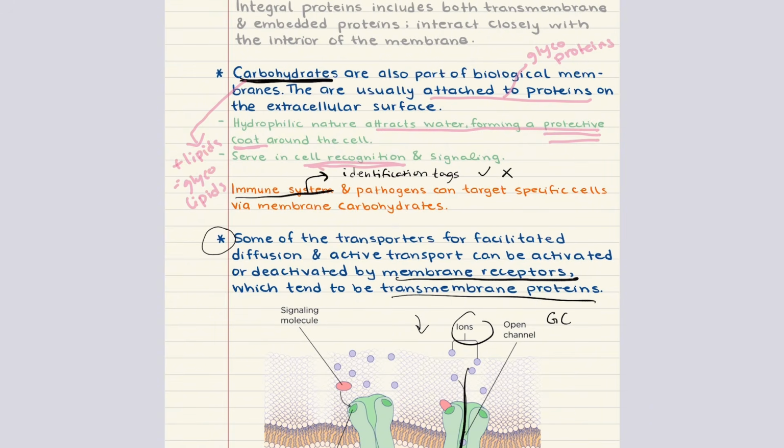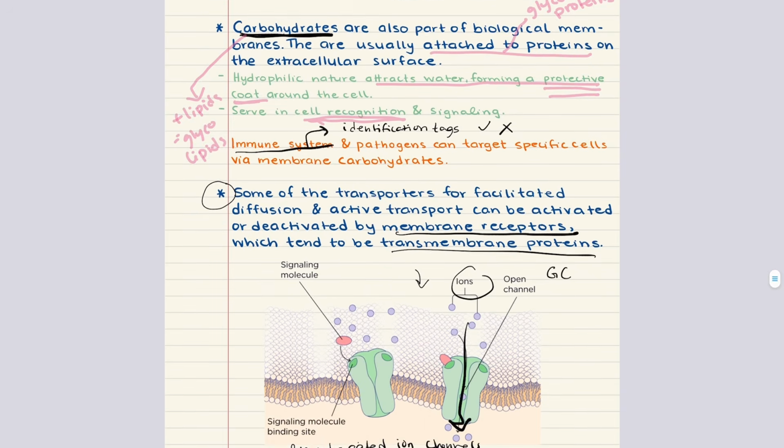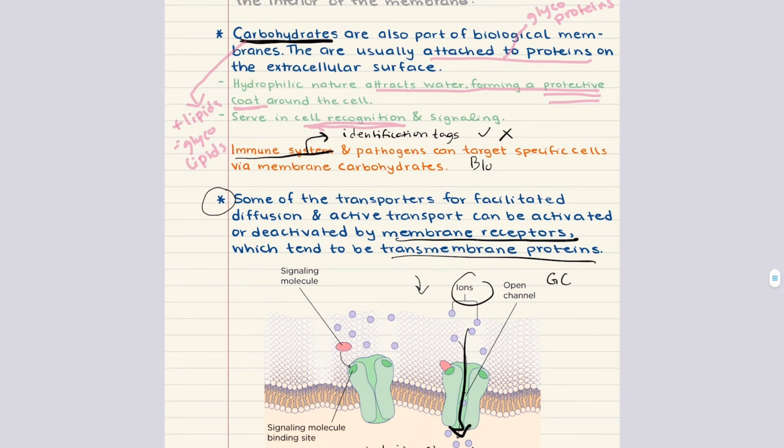This is why certain pathogens, like viruses and bacteria, target membrane carbohydrates to gain entry into cells or to identify a host cell that they can infect. Blood type antigens are a well-known example of membrane carbohydrates that determine immune compatibility.